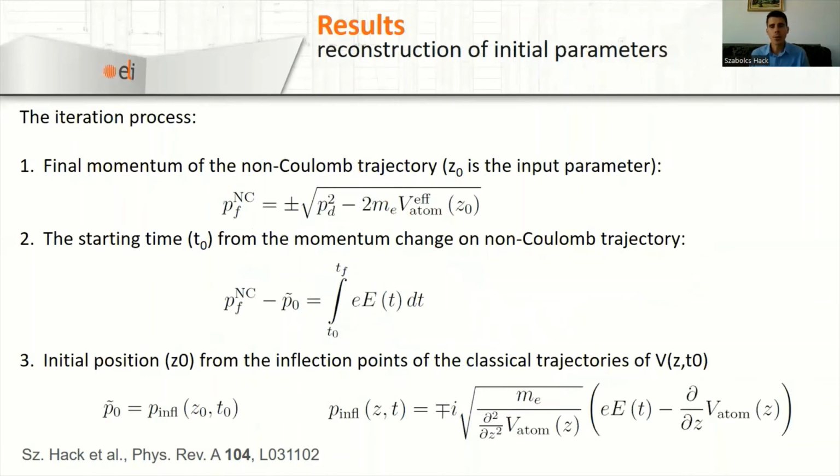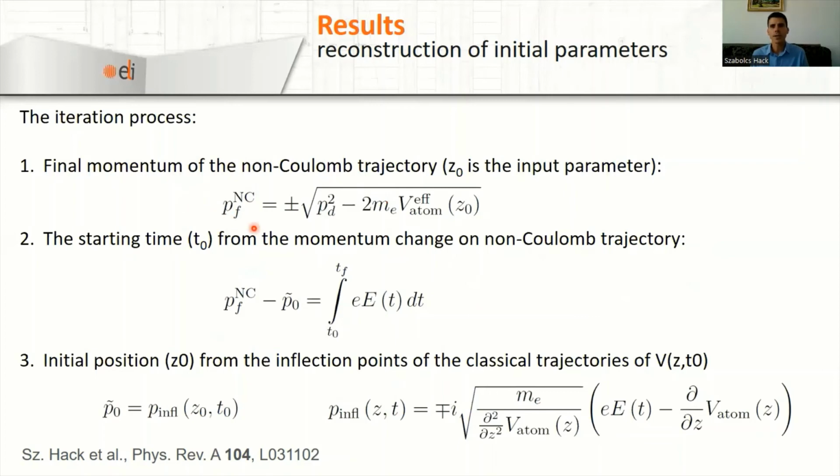Using our classical model, I show a simple procedure to reconstruct the starting time of a directly ionized electron from its detected momentum. The steps of the iteration process are the following. First, we calculate the final momentum of the electron on such a trajectory which starts at the same time but neglects the Coulomb interaction.